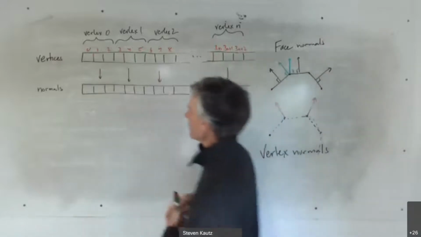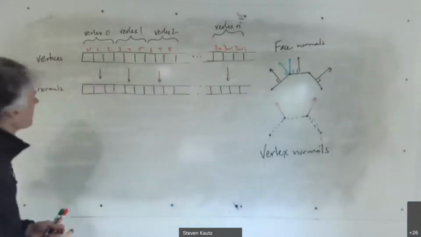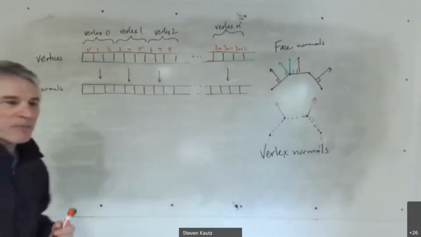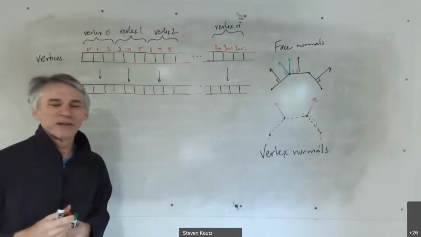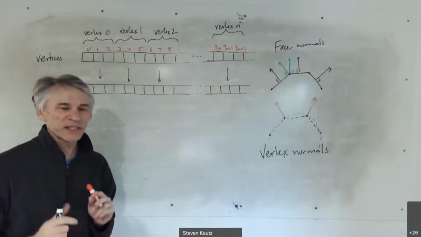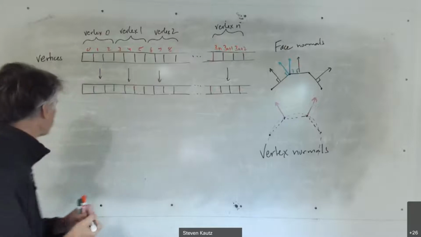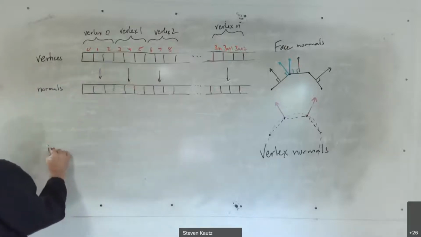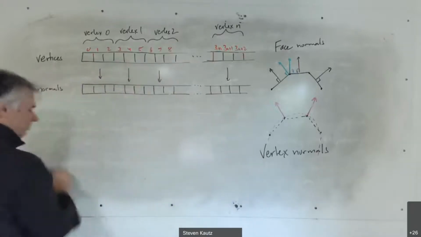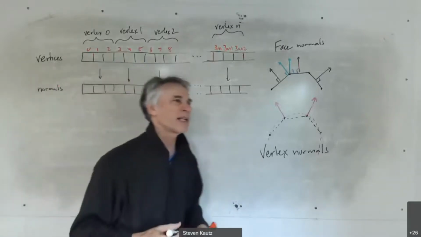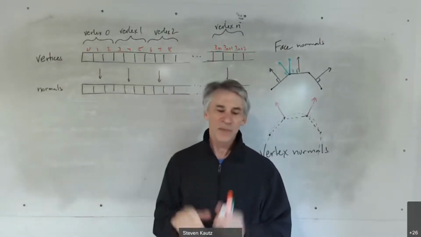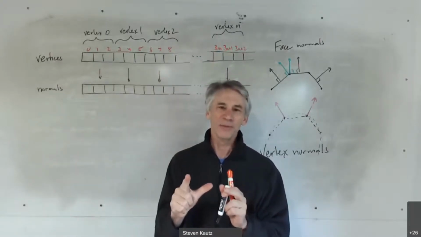And so the algorithm goes something like this: you take your list of indices for the model. In other words, the indices that describe each face. So if you think of, what is a face in the model? Well, it's three indices that describe one triangle.